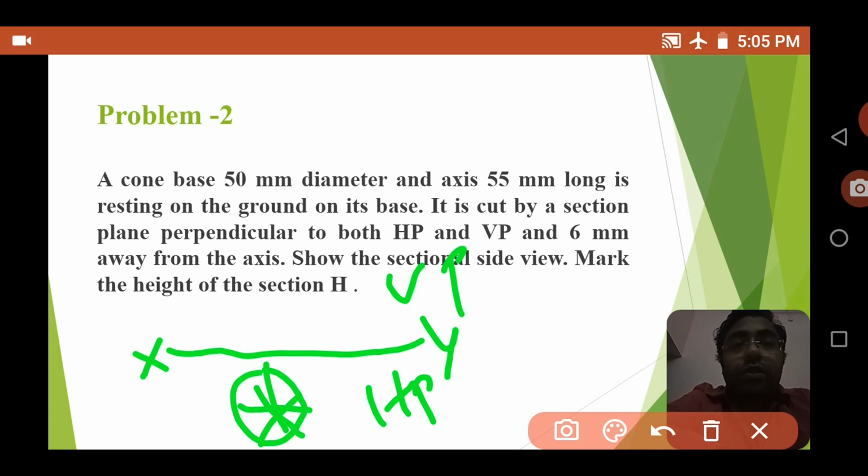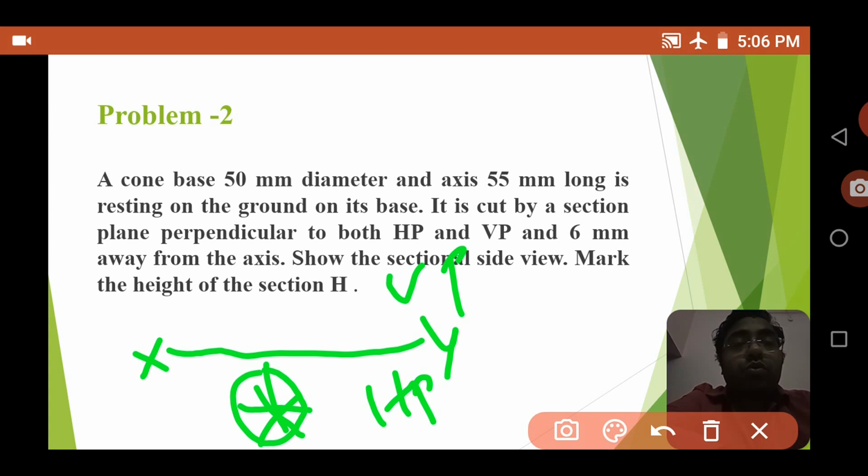Now we are going to cut a section plane, which is perpendicular to both HP and VP. How does a plane perpendicular to both HP and VP look? It is perpendicular to HP and perpendicular to VP and 6 mm away from the axis. So show the sectional side view.